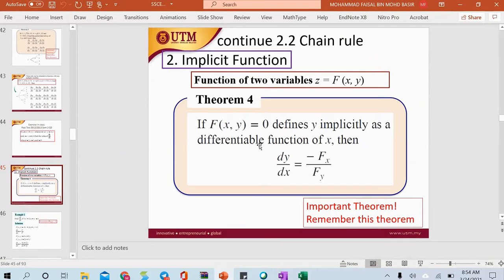This formula makes it easier to solve dy/dx, where x is the one independent variable. Fx means differentiate with respect to x, so y will be constant. Differentiate with respect to y, and x will be constant. But make sure you let the function equal to 0.